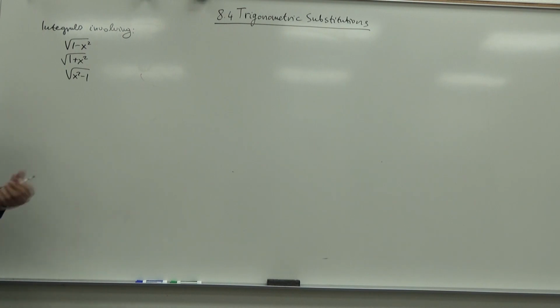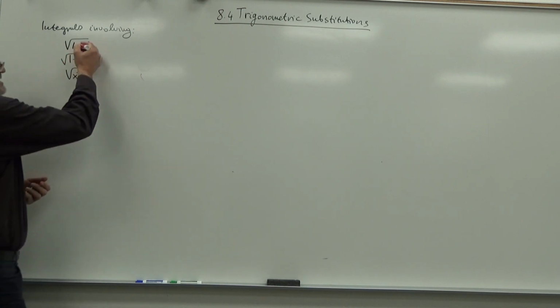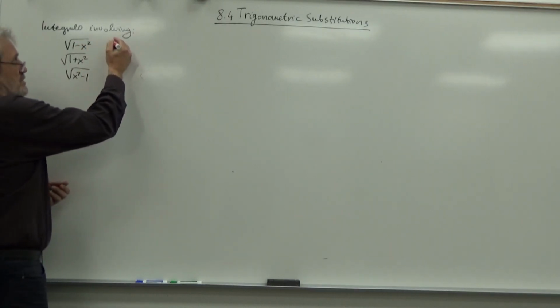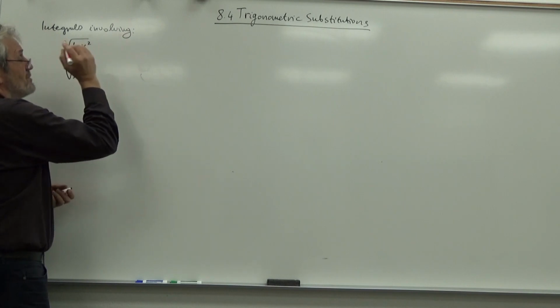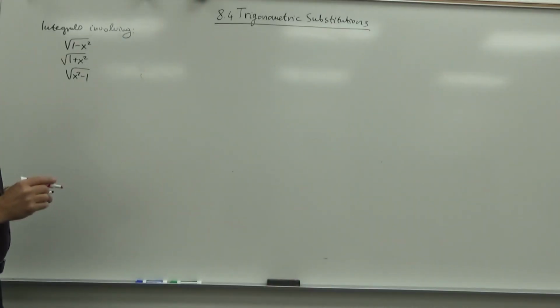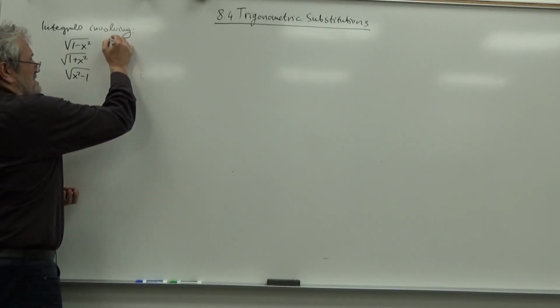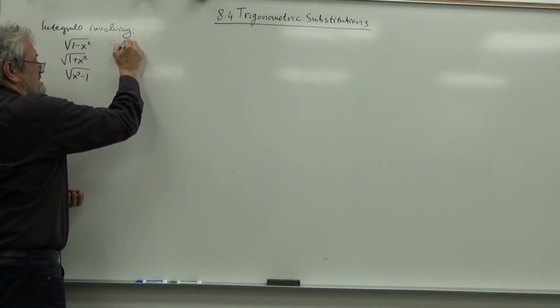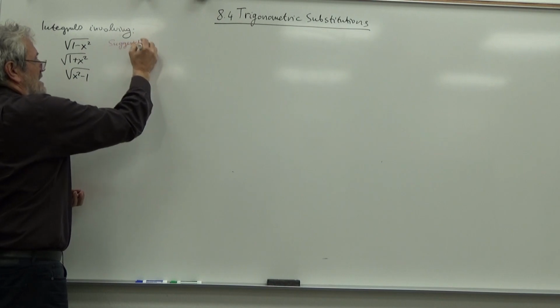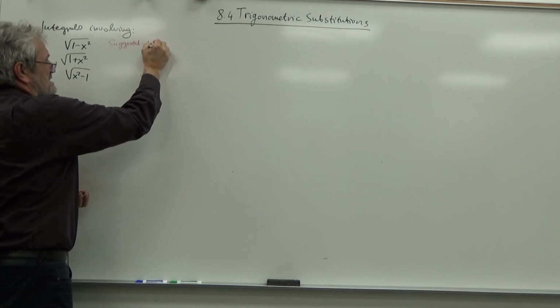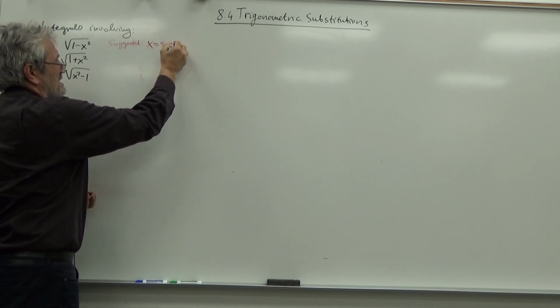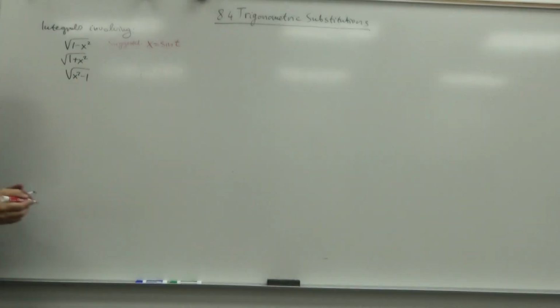And generally, a rule for the day is the following. If you see square root of 1 minus x squared, a good substitution might be, these are not absolutely precise rules, but suggested substitution, x equals sine t.